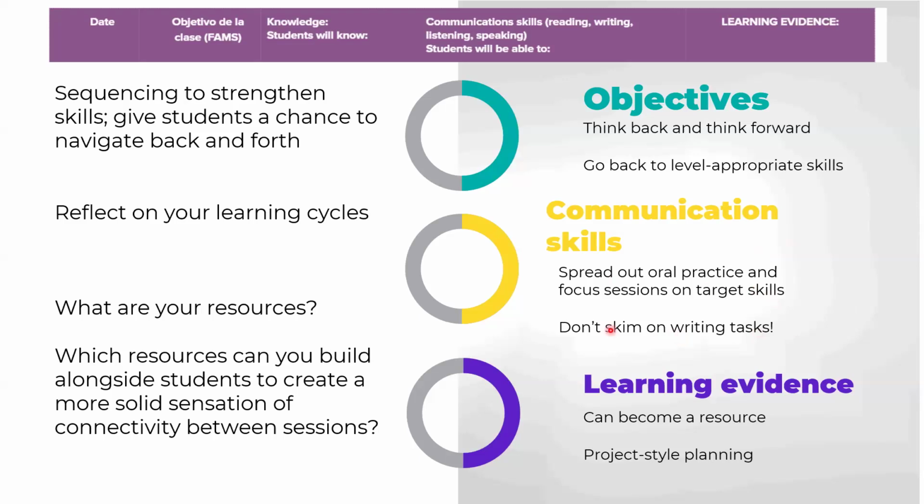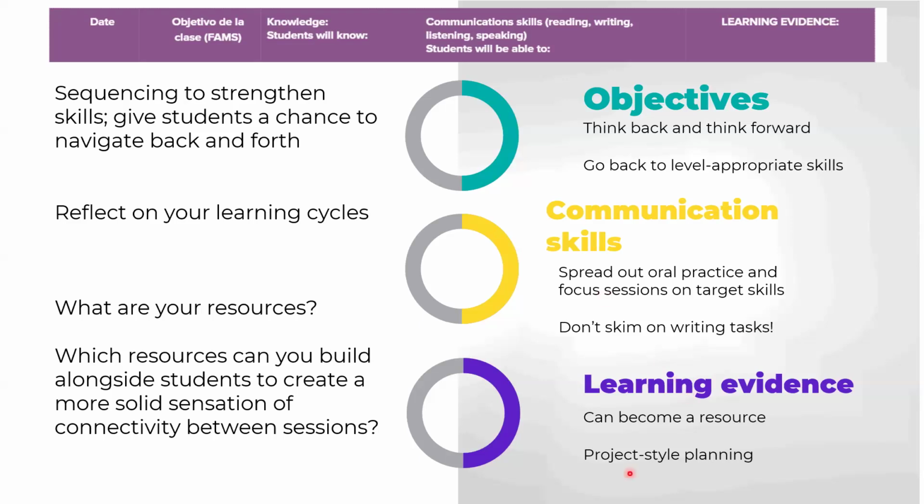And then learning evidence. Learning evidence can become a resource, like an ongoing assessment where you connect objectives. But you could also go for more project style planning, where some of your objectives build towards something larger, where you can assess several things all at once.